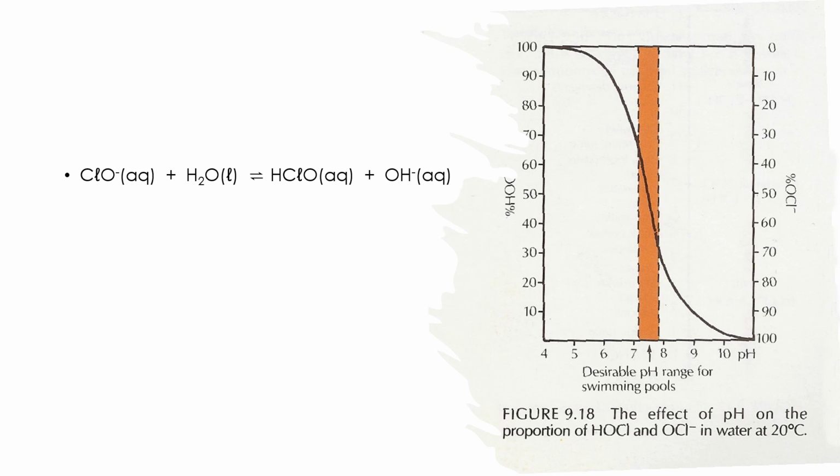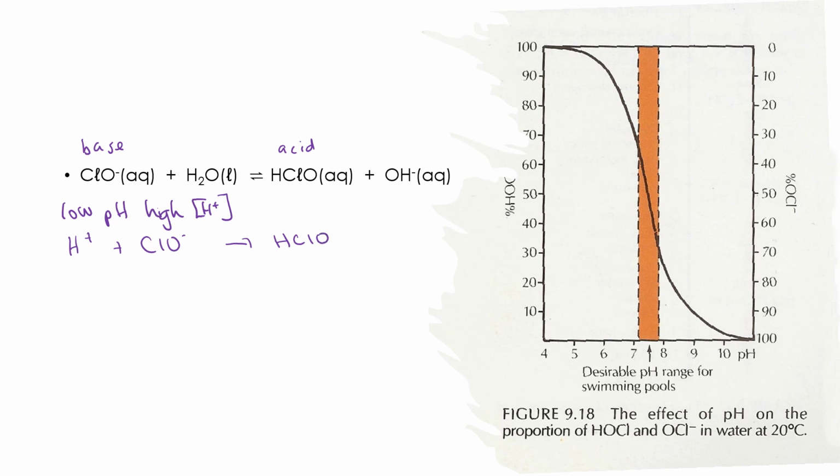So what's happening here in this graph is you can see that when you have a low pH, which means you have a high hydrogen ion concentration, remember this is an acid and this is a base, the hydrogen ions collide with the hypochlorite ions, and form the hypochlorous acid.